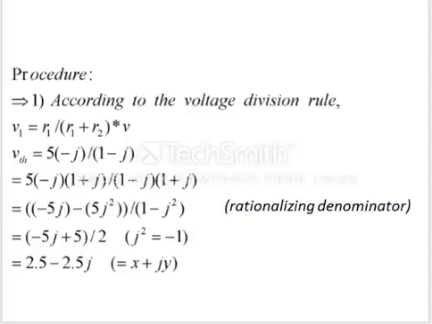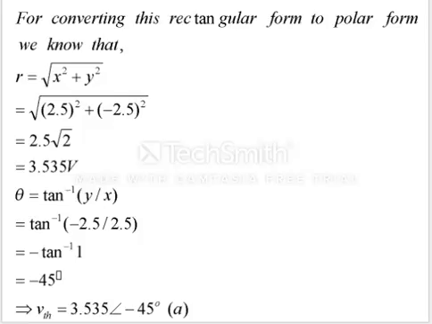After solving it further, putting j square equal to minus 1 and also rationalizing the denominator in between, we get the answer as 2.5 minus 2.5j, which can be expressed in terms of x plus jy. x is equal to 2.5 here and y is equal to minus 2.5. For converting this rectangular form to the polar form, R is equal to under root of x square plus y square, which is the magnitude.